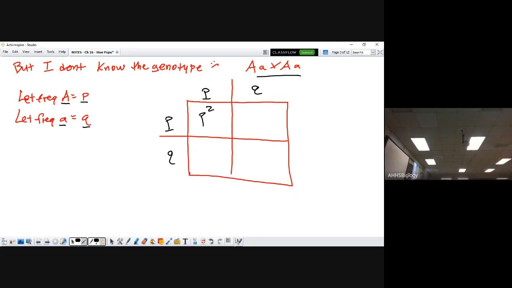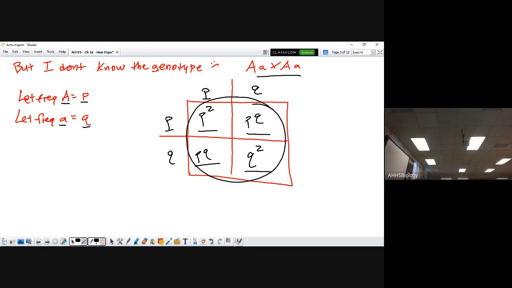So what's going to go down here in the bottom right? Q squared. What's going to go in the top right? PQ. P, Q, and then P, Q right here. So if you have the allele frequencies, then you can start filling this in, and all of these in here, like those are the only possible combinations you get.